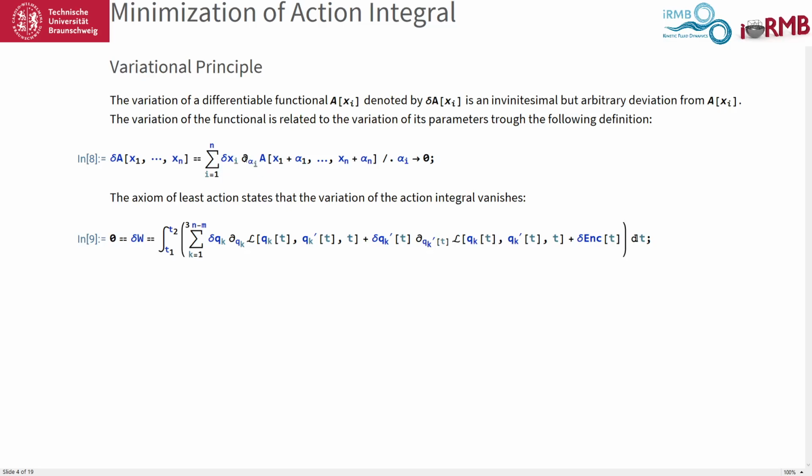And this delta we use for variation. The variation of a functional A, which we denote by delta A, is an infinitesimal but arbitrary deviation from A of x_i.